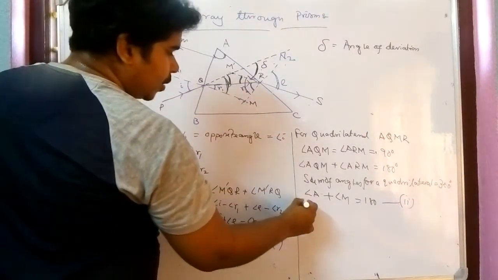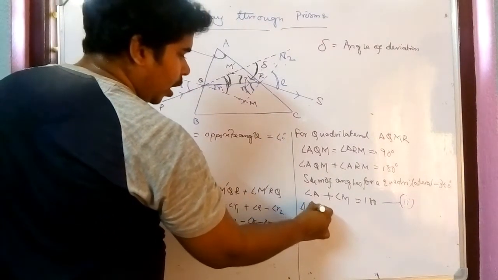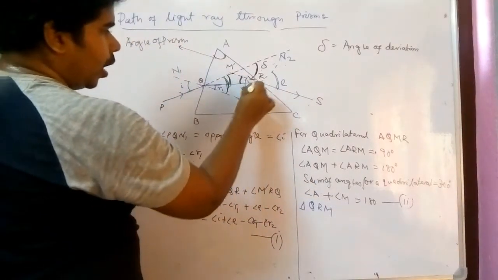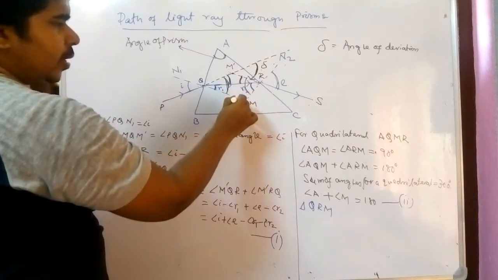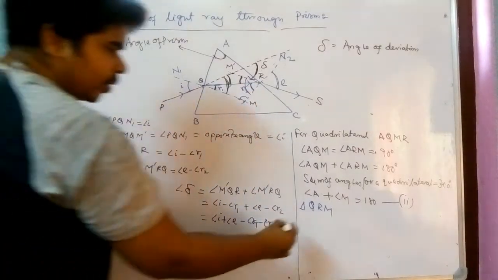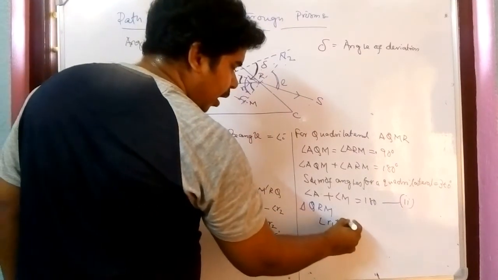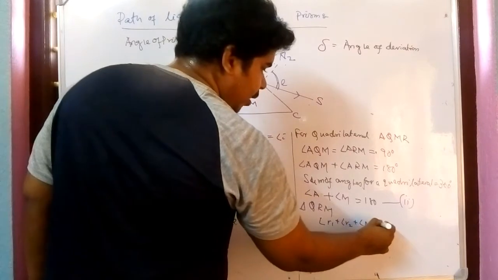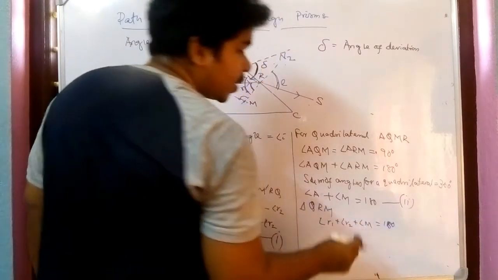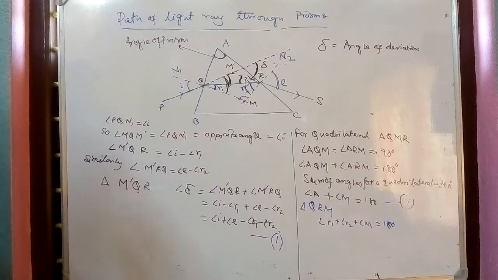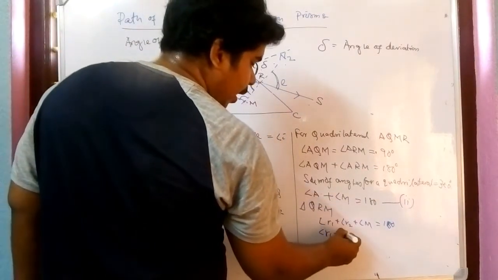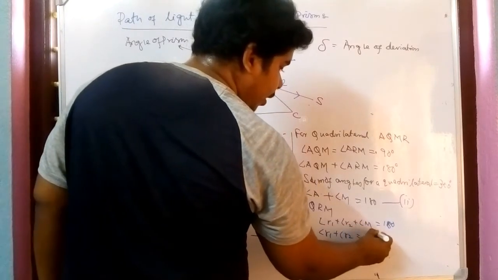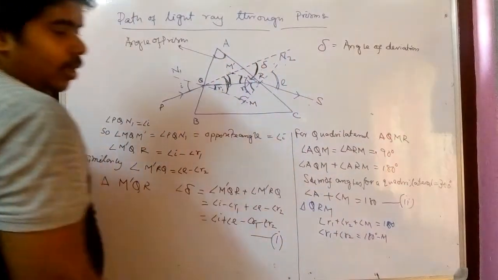Now we come to another triangle, triangle QRM. For this triangle, see these are R1 and R2, and this is angle M. We all know that angle R1 plus angle R2 plus angle M equals 180 degrees, because the sum of three angles in a triangle is 180 degrees. So from here we can say that angle R1 plus angle R2 equals 180 degrees minus M. Clear?